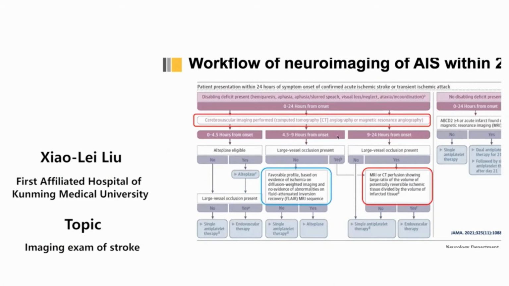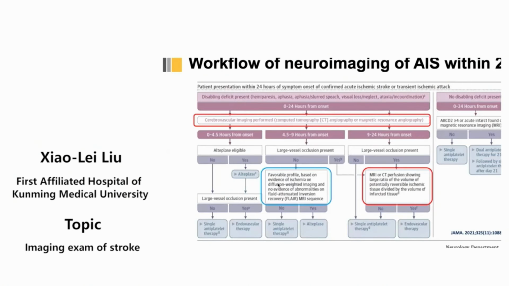If it's not a large vessel occlusion, and in the MRI we can see a lesion on diffusion weighted image but no lesion on the FLAIR sequence, we can use alteplase.